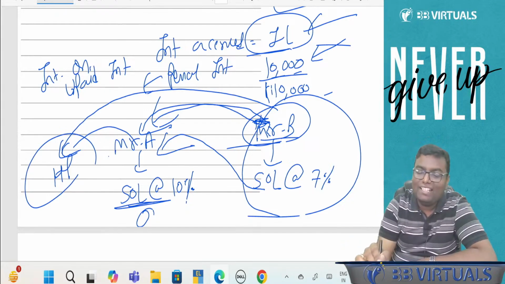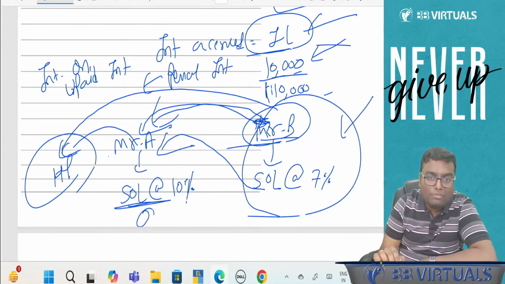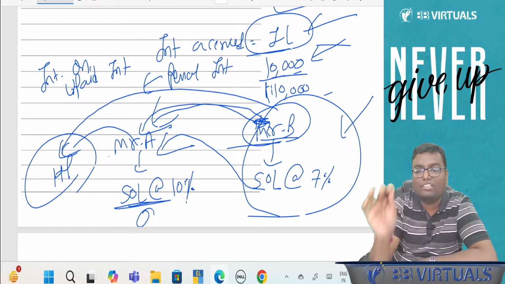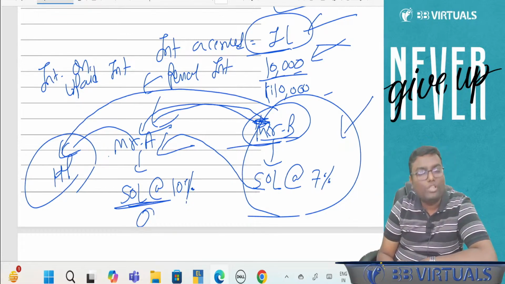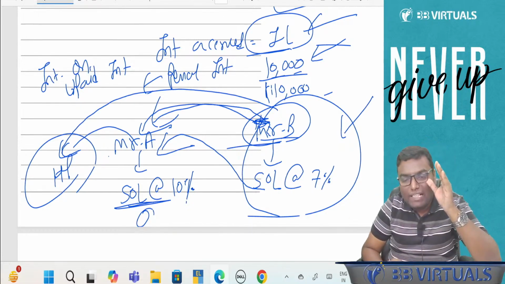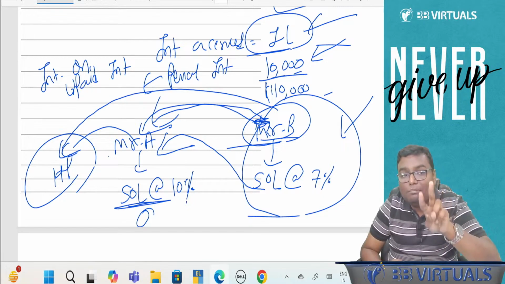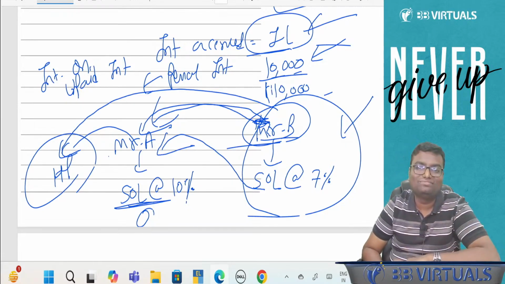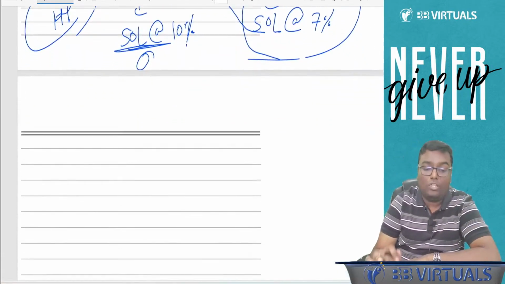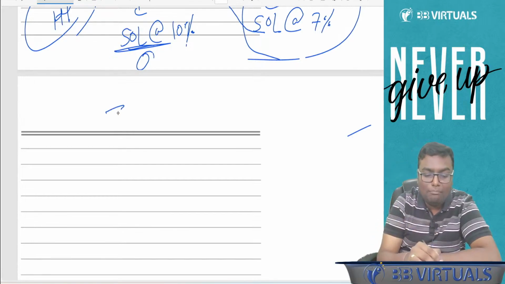And that's why the interest which you will pay to Mr. B is allowed as a deduction. So what you need to remember, if you have taken any fresh loan to repay your original loan, interest of that fresh loan is allowed as a deduction. Okay, very important point.